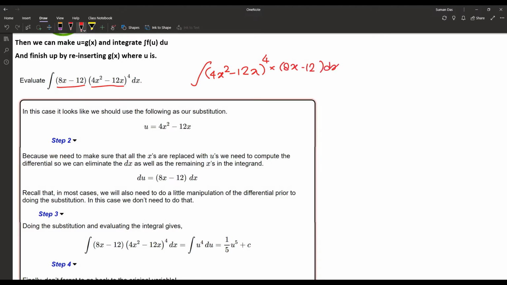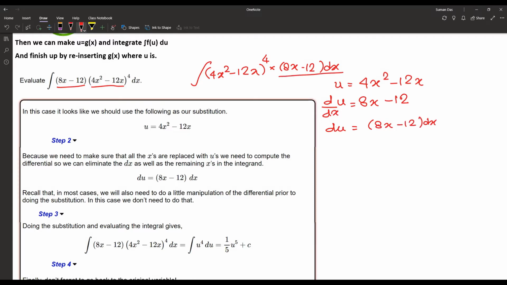(8x minus 12) dx. Now if we consider u is equal to 4x square minus 12x, then if we differentiate u with respect to x, we get 8x minus 12. So du is equal to (8x minus 12) dx. Now look at the thing. If we substitute from here, that one is equal to u to the power 4 du.